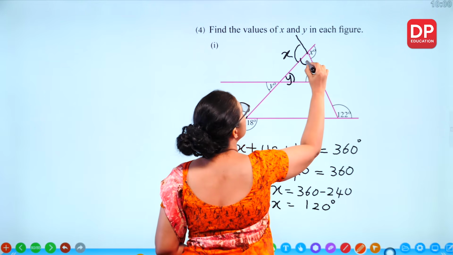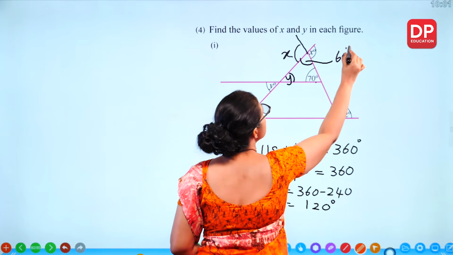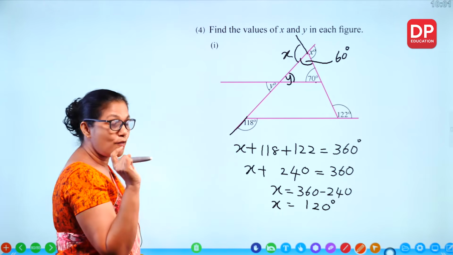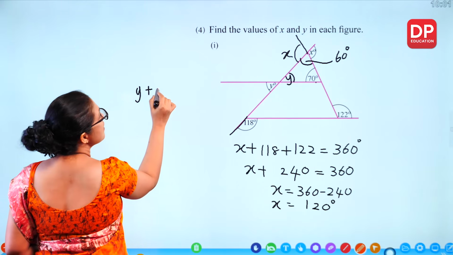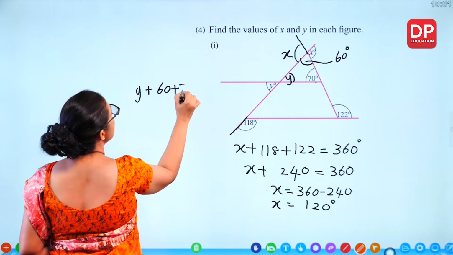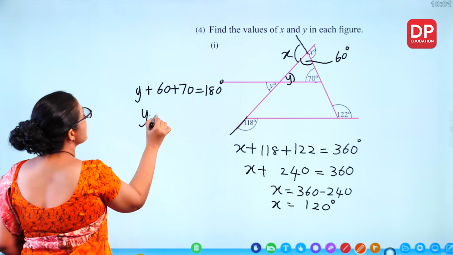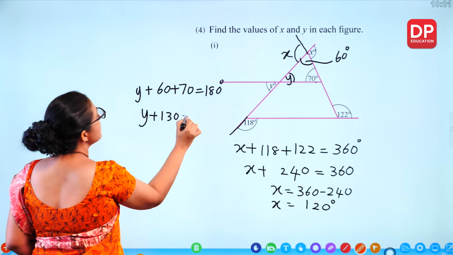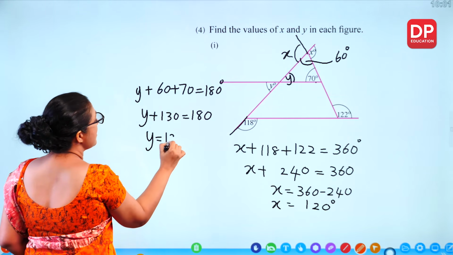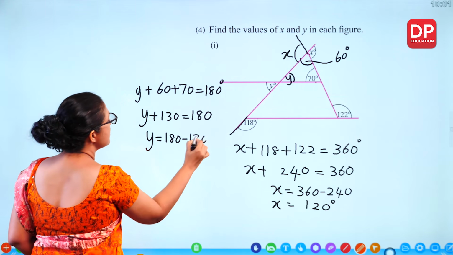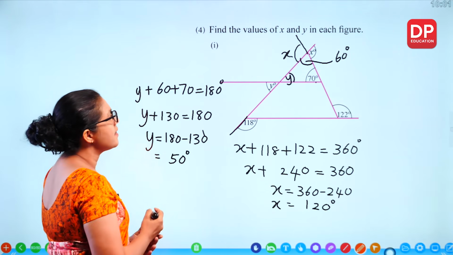What is this angle? 180 minus 120, 60 degrees. Now you can find Y using the angle sum of a triangle. Y plus 60 plus 70 is 180. Y plus 130 is 180. So what's Y? 180 minus 130. That's 50 degrees.